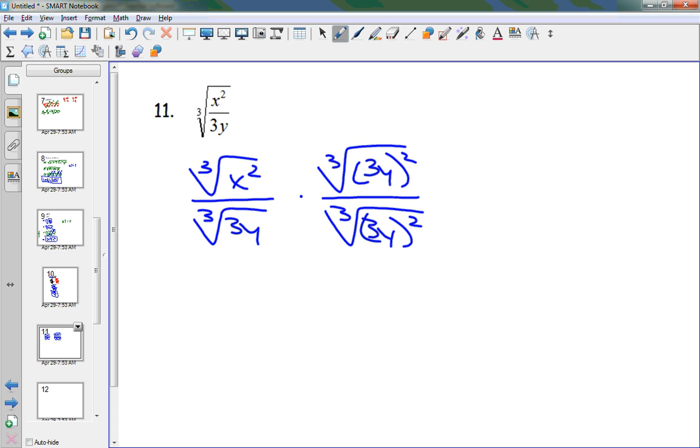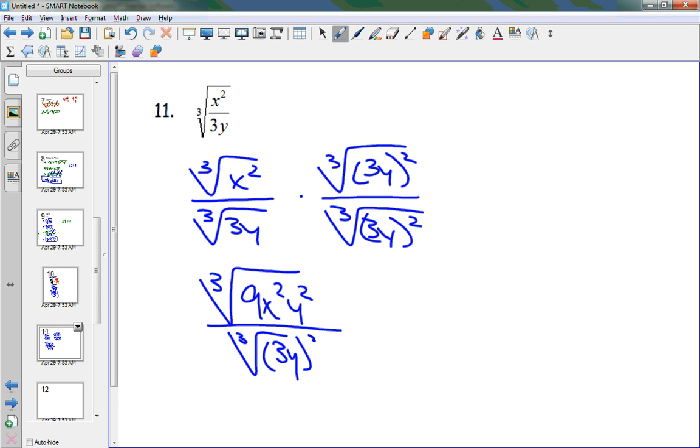What is 3y squared? It's 9y squared. So I'm going to marry these to give me the cube root of 9x squared y squared over the cube root of 3y cubed. Correct? Because I have how many of them down there now? 3 of them. And what happens to your power and root?